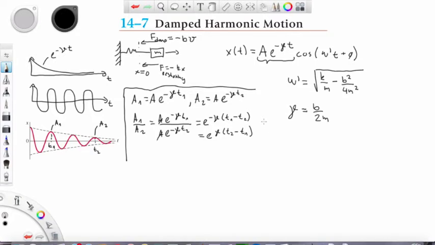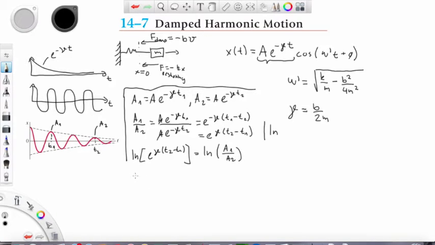To get rid of this exponent, or bring down the exponent from this side, we'll take the natural logarithm of both sides. So we get ln of e to the gamma T2 minus T1, and on the other side we have a natural log of the ratio of the amplitudes.